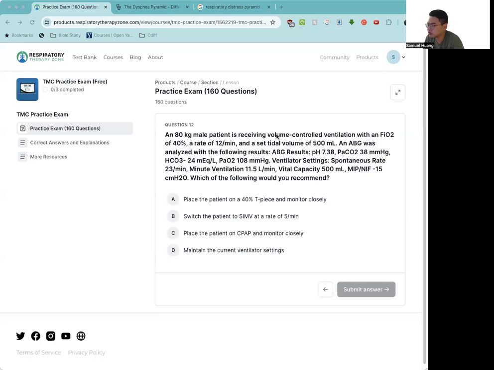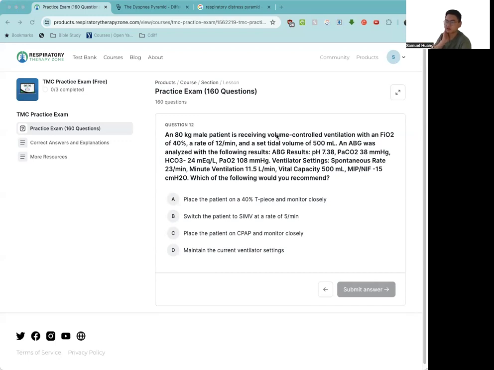PCO2 good. HCO3 good. PaO2 a little bit high. Ventilator settings, breathing well on its own, breathing above the ventilator at 23, minute ventilation 11.5, vital capacity 500, good. There's no leak. That's the same as the tidal volume. NIF, -15.